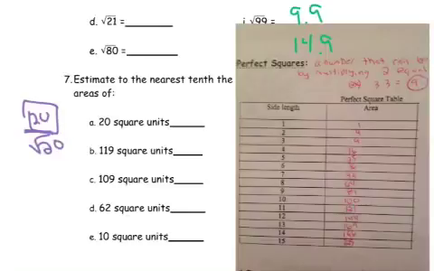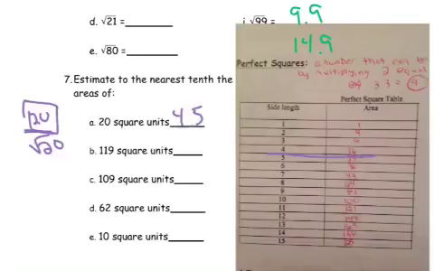And since the square root of 20 is not a perfect square, you're going to estimate. 20 is pretty much really close to being halfway in between 16 and 25, so I'm going to go halfway in between 4 and 5. So I would have said roughly 4.5 on your test, give or take.